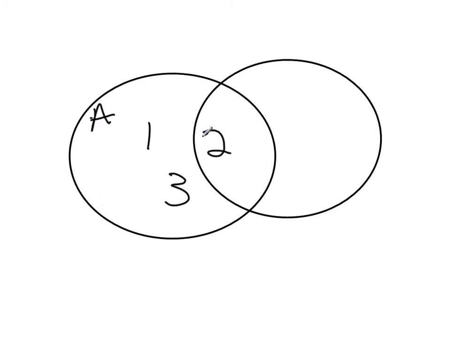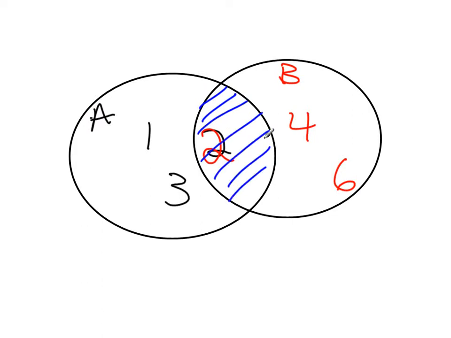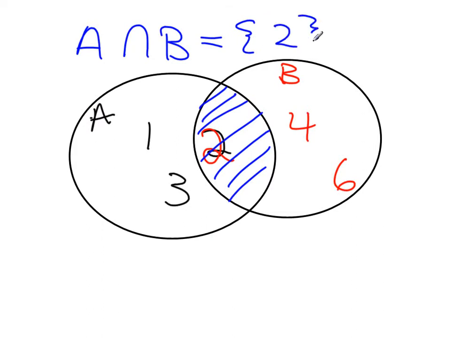B, of course, has 2, 4, and 6. The intersection is what they share in common, and the only thing between these two is 2. So A intersect B, or we could say A and B, has the element 2 only.